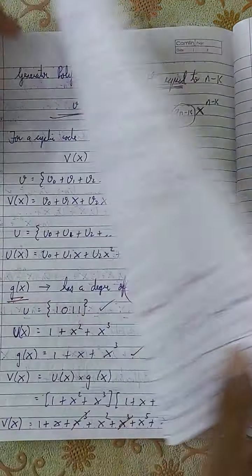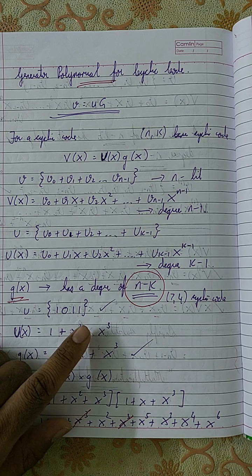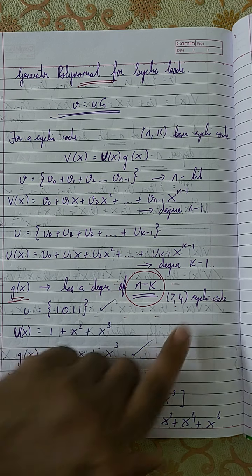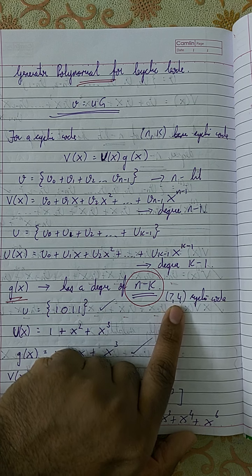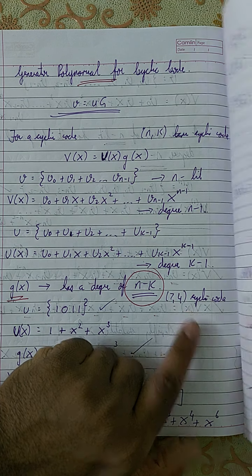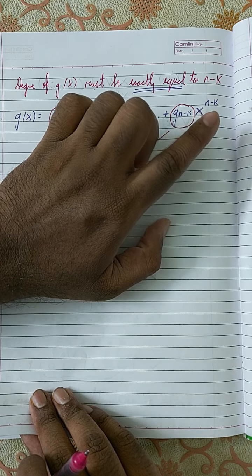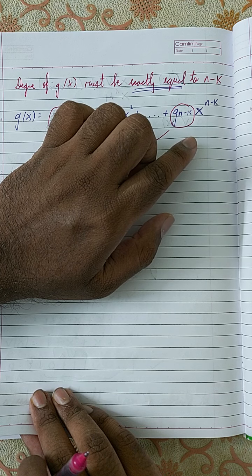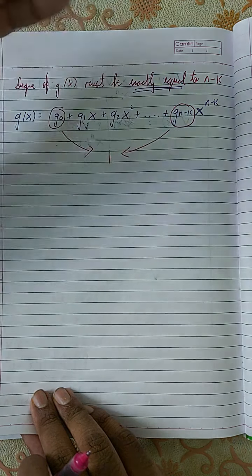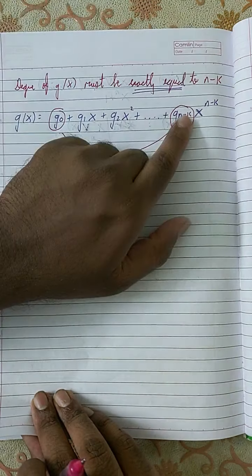For a 7-4 cyclic code, 7 minus 4 is 3, so the degree of the polynomial is 3. But if the last term was 0 into x cube, the degree 3 would reduce to 2. That value would vanish if this had been 0.